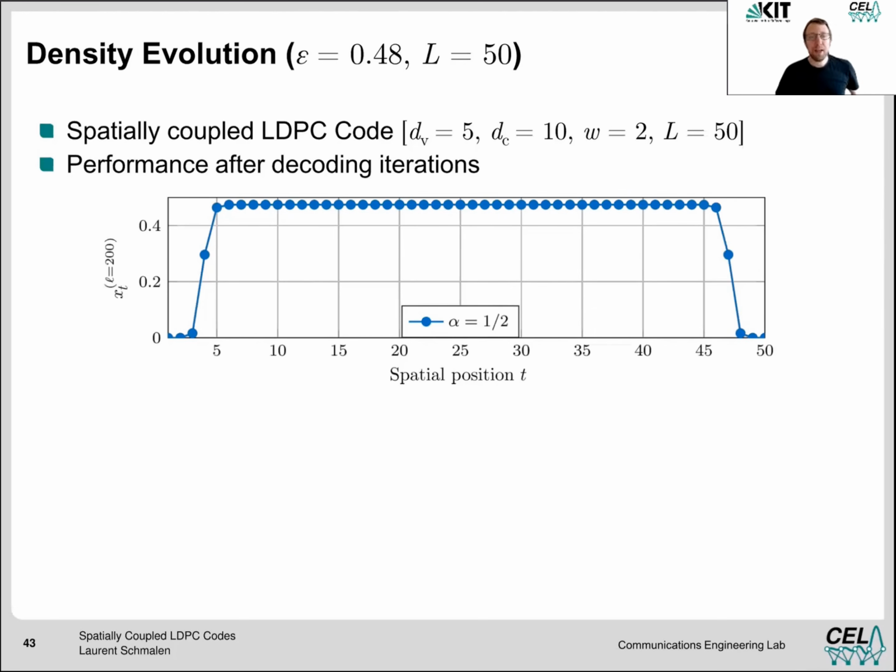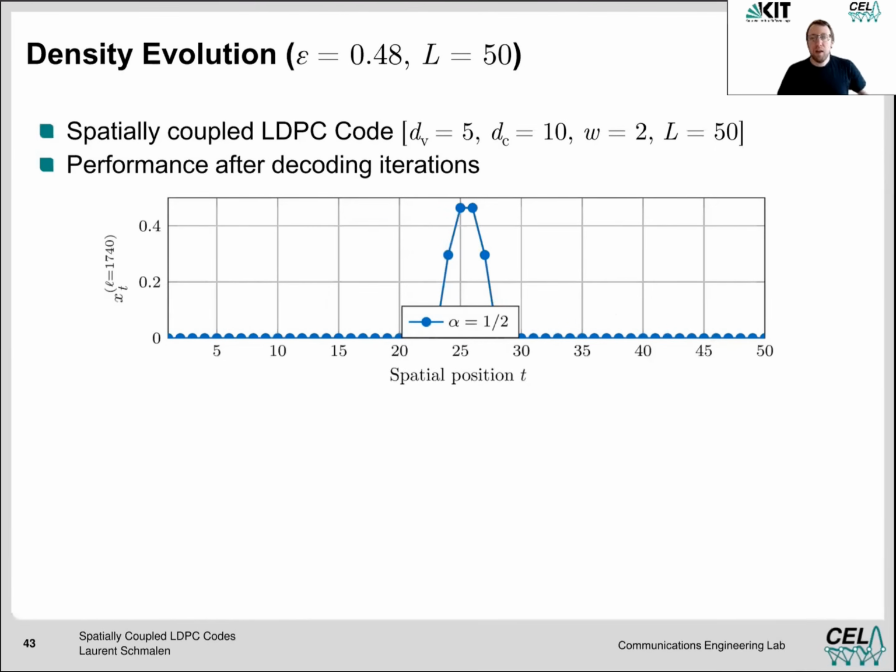Well, the first thing is that we look at how the decoding behaves. So here we have the performance of the decoding. So this is Xi after some iterations. There is X here, so it's a different letter, but it's the same. And we see that the erasure probability decreases from the boundaries towards the middle of the code.